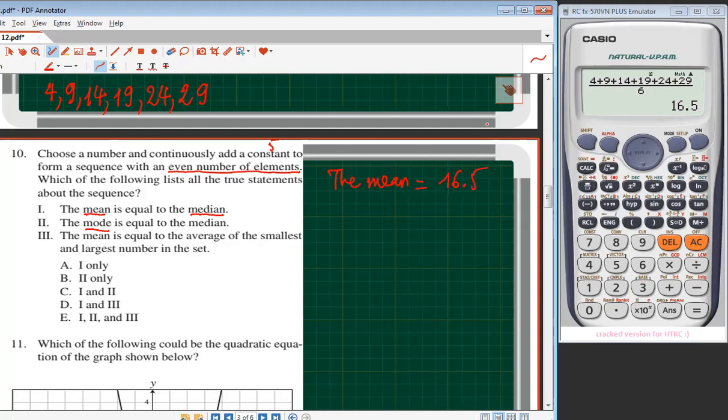And the next keyword is median. First, we need to understand what a median is. The median is the value that helps us to separate the higher half and the lower half of the data.